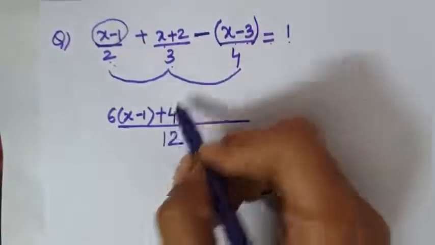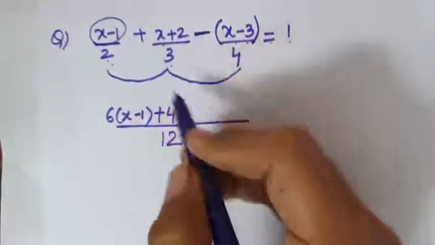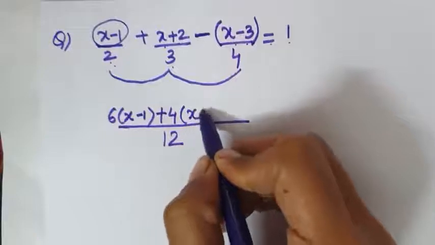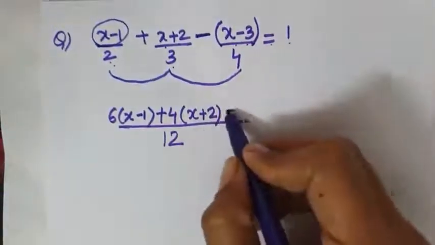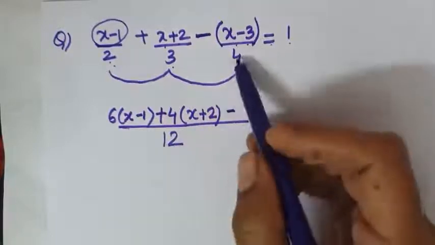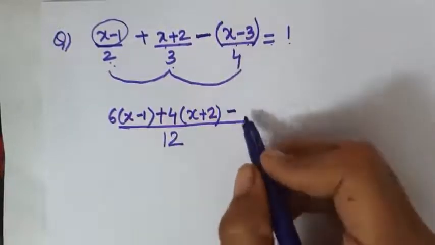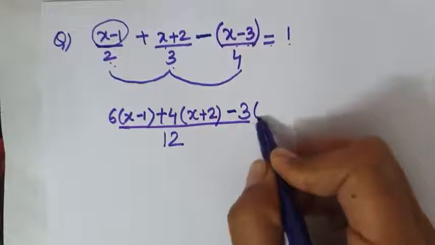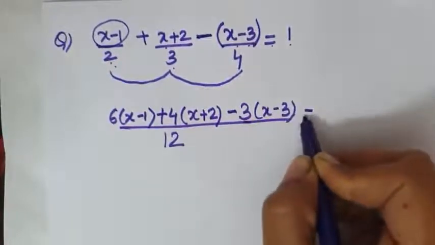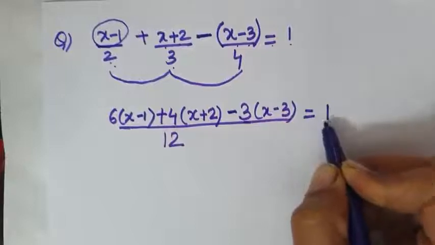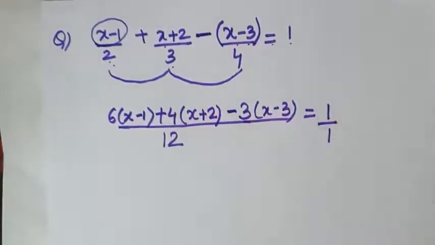So 4 will multiply with this whole bracket (x plus 2) minus 12 divided by 4 is 3. So 3(x minus 3) is equals to 1. Upon 1 we can write nothing, means we can write only 1.